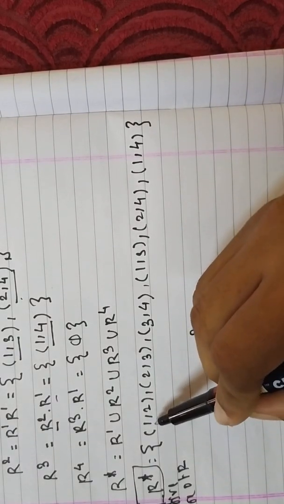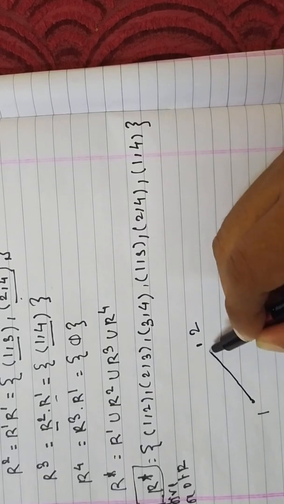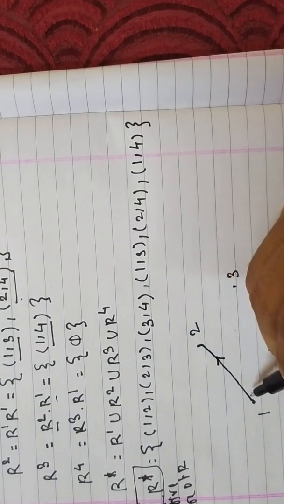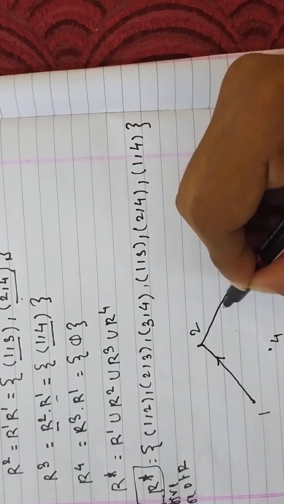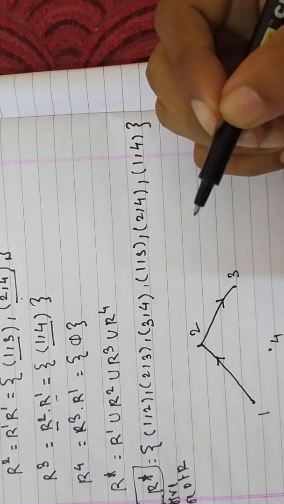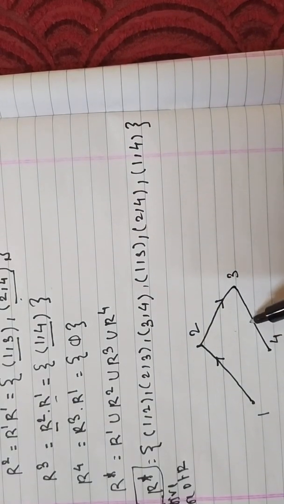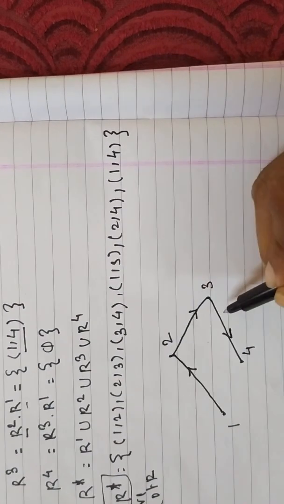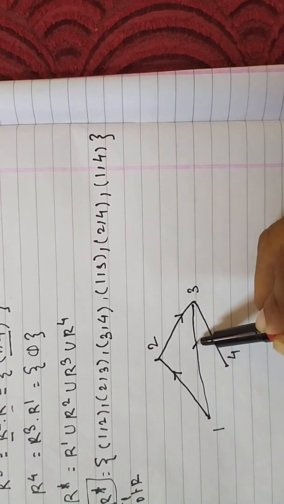Here there is an element present from 1 to 2. So while drawing the diagram, you have to draw a directed arrow 1 to 2, then 2 to 3 is also there, so a 2 to 3 directed arrow. Then 3, 4 is also there, so 3 to 4, direction is important. Then 1 to 3 is also present, so 1 to 3.